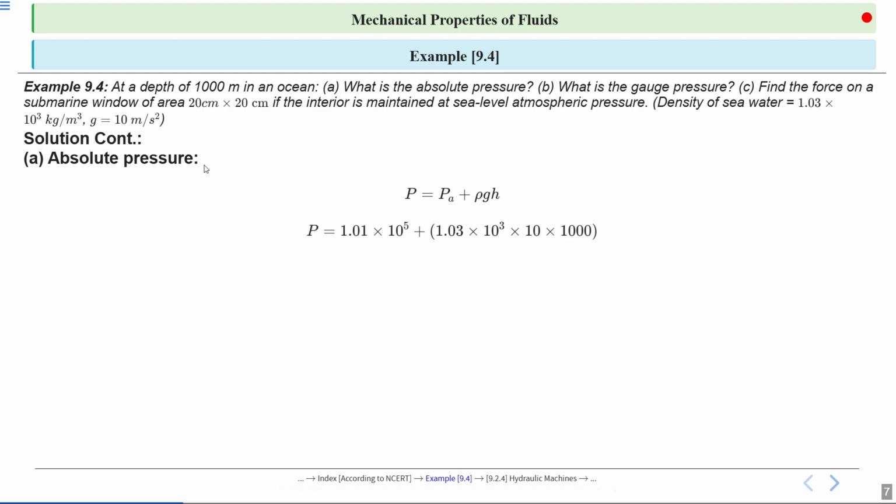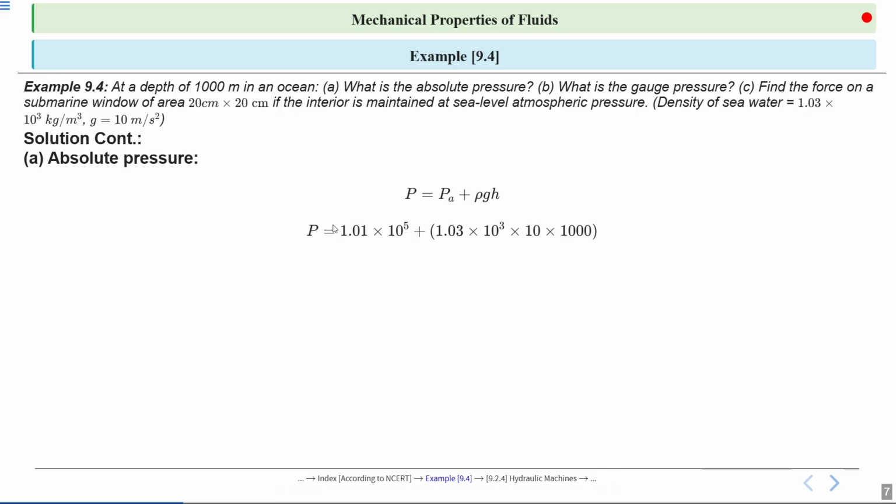So substitute the known values into the formula. So we have P equal to 1.01 into 10 raised to the power 5 plus 1.03 into 10 raised to the power 3 into 10 into 1000.